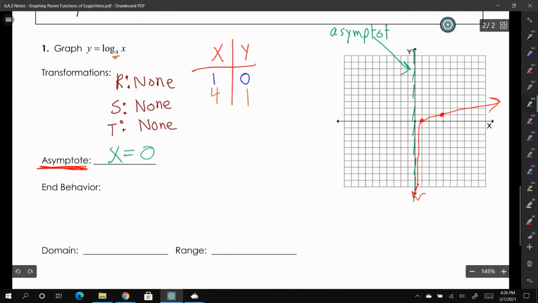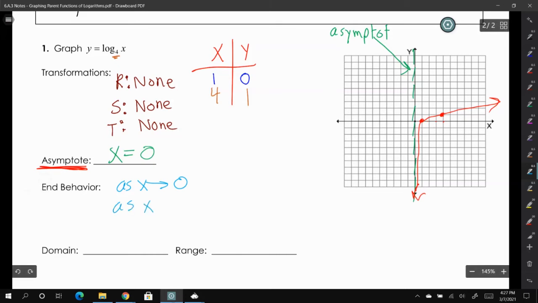Now the end behavior. Up until now, we've always had as x goes to negative infinity and as x goes to positive infinity. But if you look at the graph here, x never reaches 0. Our x values never actually get to 0. So that means instead of saying the left side goes to infinity, we're saying that the left side goes to 0.